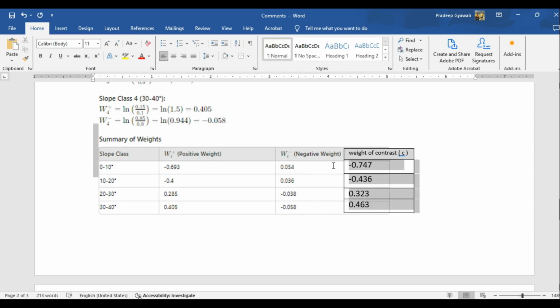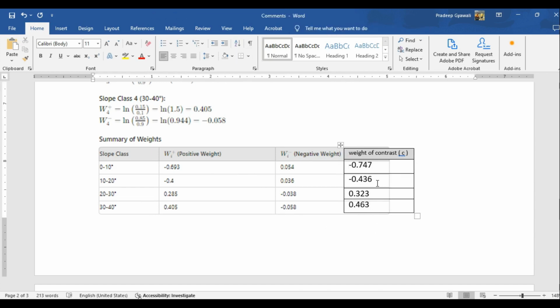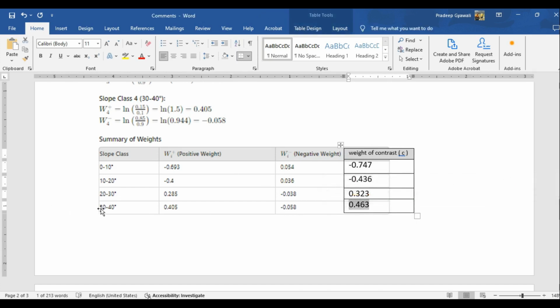So it indicates that the higher the weight of contrast in a class, the more susceptible that class is. The highest weight of contrast lies in the fourth class, that means 30 and above. So we got the more susceptible area in this class.